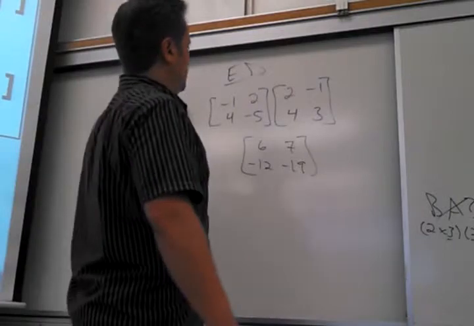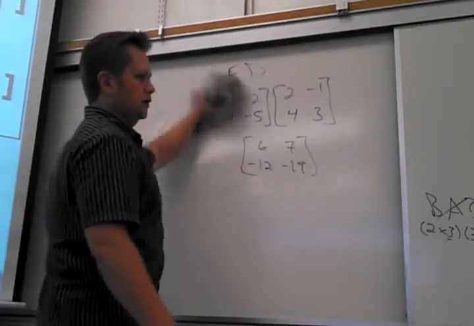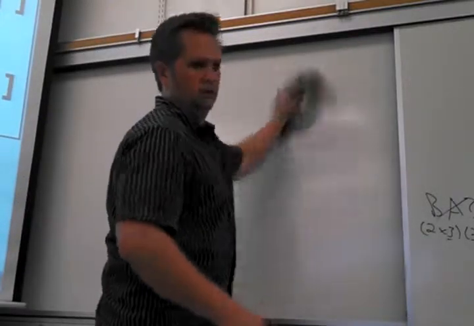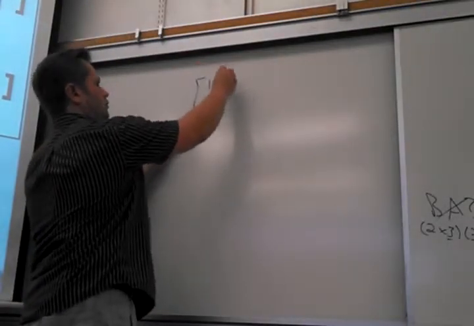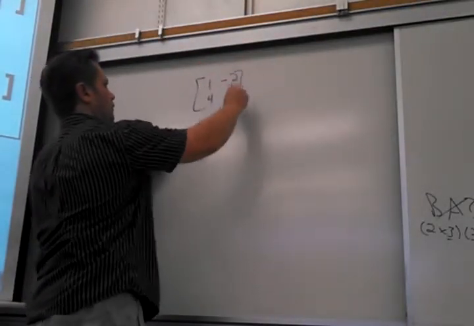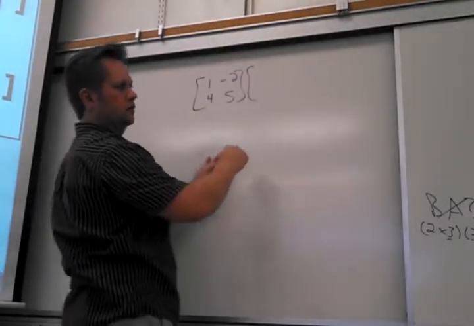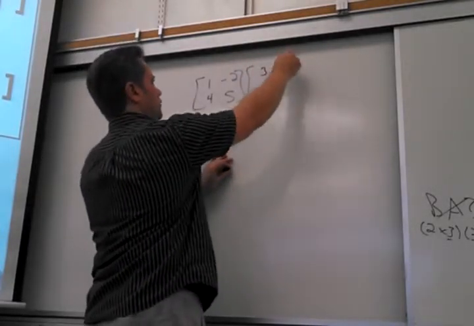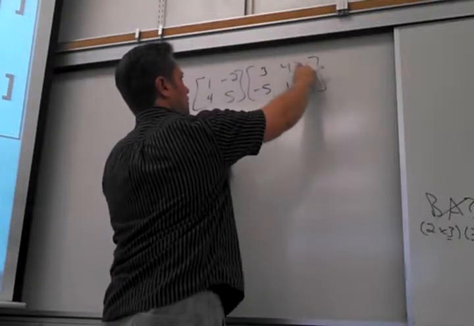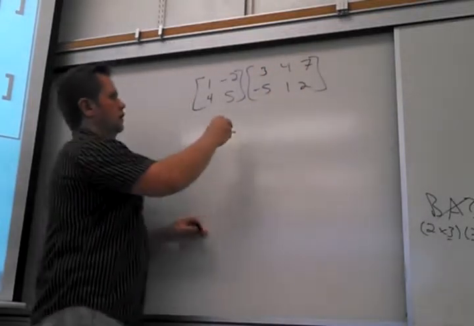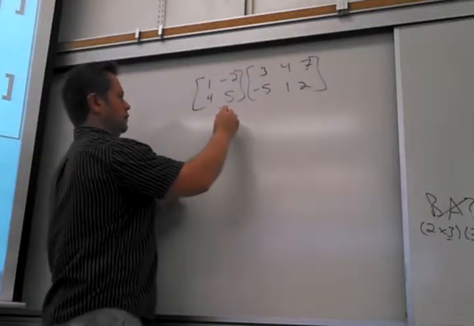All right, so let's see. We're doing A, B. So we got 1, -2, 4, 5 times 3, 4, 7, 5, 1, 2. I know the answer is going to be 2 by 3.